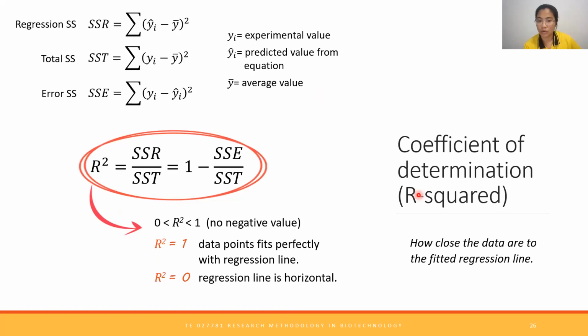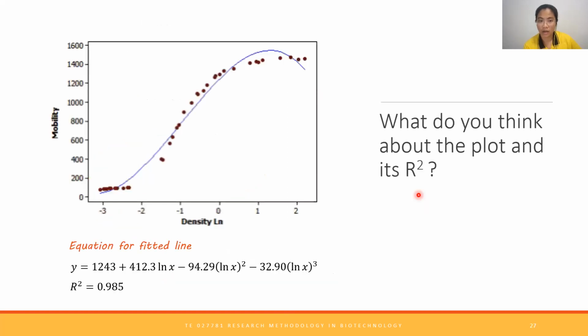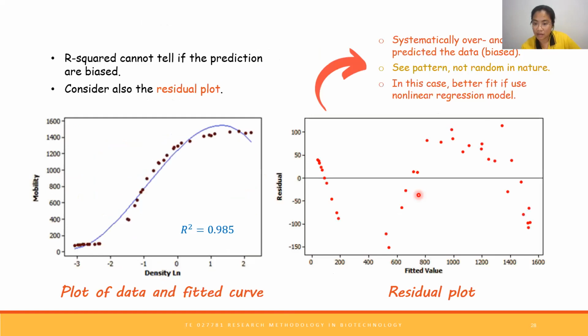It does not work well with other types of equation. It could tell you something, but it wouldn't explain well because it can have a patterned residual plot. You wouldn't get this if you are fitting a straight line.